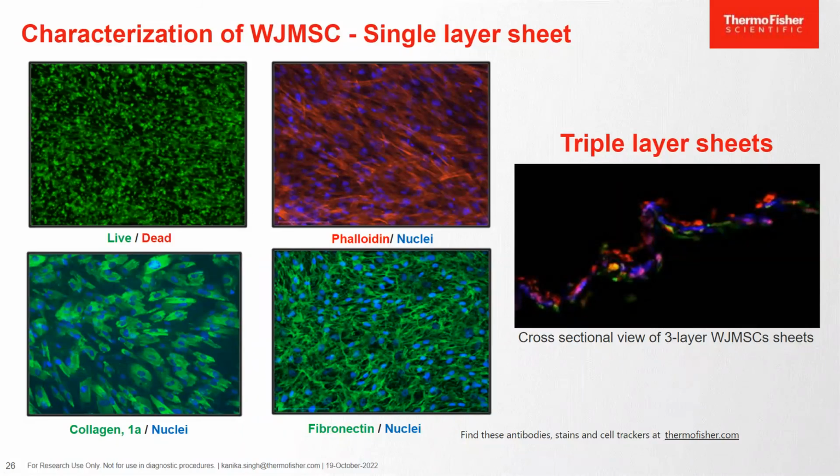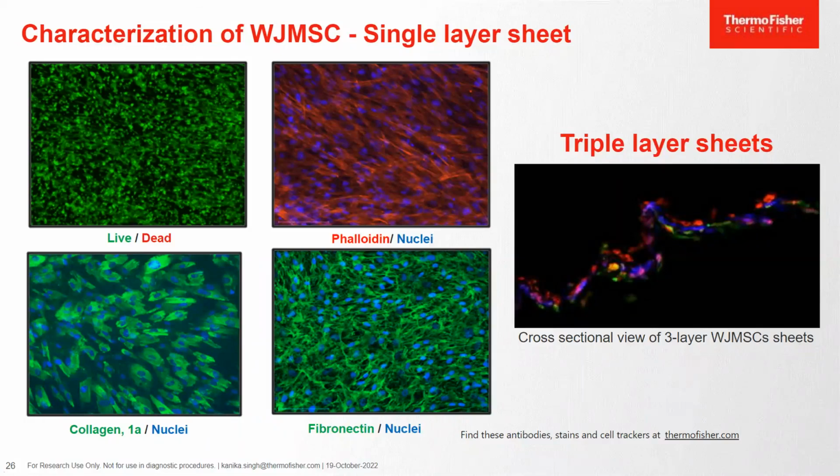Now on the right, you would see a triple layer sheet. So once you form a single sheet using the UpCell surface, you can use it to stack it up. So what we have done here is we made 3 separate sheets using the UpCell surface and then layered them on top of each other. And prior to which we have stained them with a cell tracker.